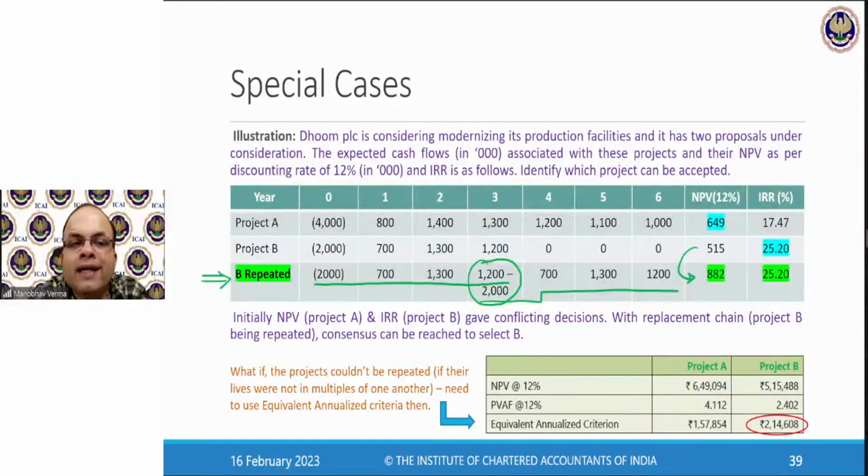They both are telling us to accept project B, guys. There is no contradiction anymore. Everyone okay, guys? I hope this is clear to all of you. So with the replacement chain, there is a consensus in the decision that project B is selected here.